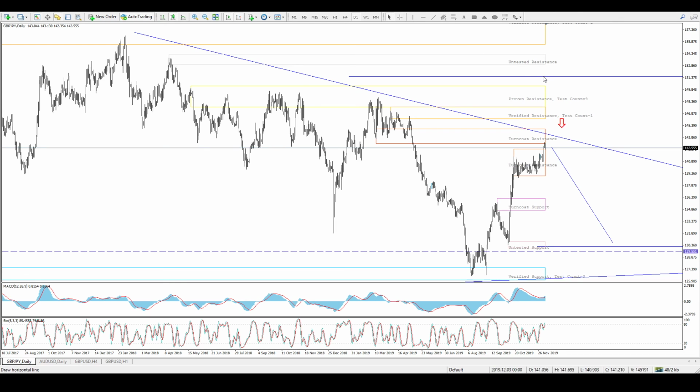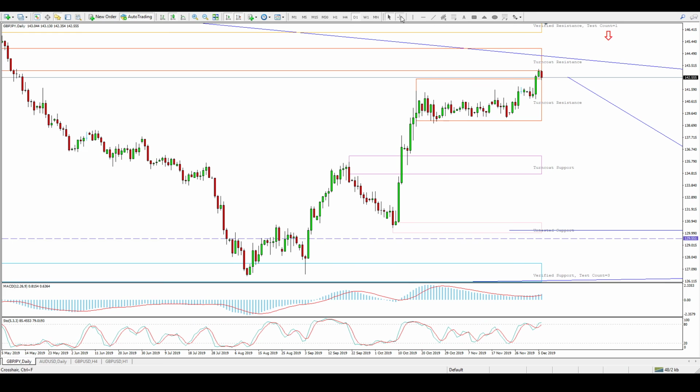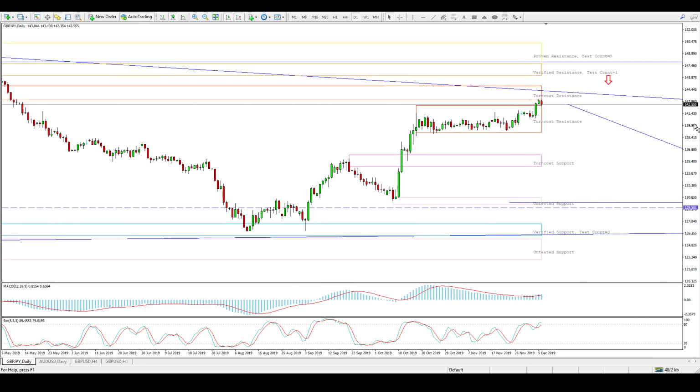I don't want to go that high. Probably I will reduce it to this high right here. So that would give me 60 pips versus 100. That's good. I can live with that.